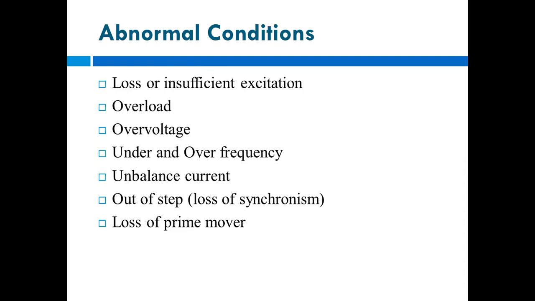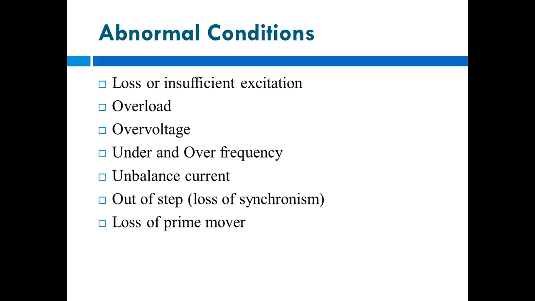Now these are the abnormal conditions, meaning why actually these faults are occurring. The first reason is loss or insufficient excitation. For a generator we need excitation. If that excitation is not received, or is lost or insufficient, then your generator will fail to operate.